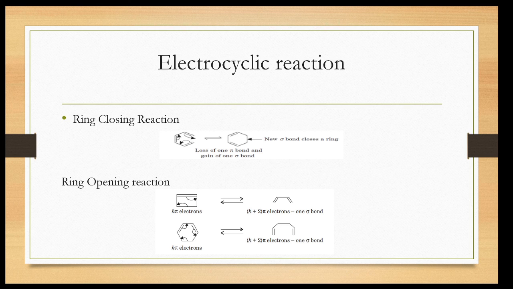If the HOMO of that system possesses mirror symmetry, then it undergoes the disrotatory mode of cyclization. Means one atomic orbital rotates in a clockwise direction and the second atomic orbital rotates in an anti-clockwise direction. Means disrotatory mode will be followed.